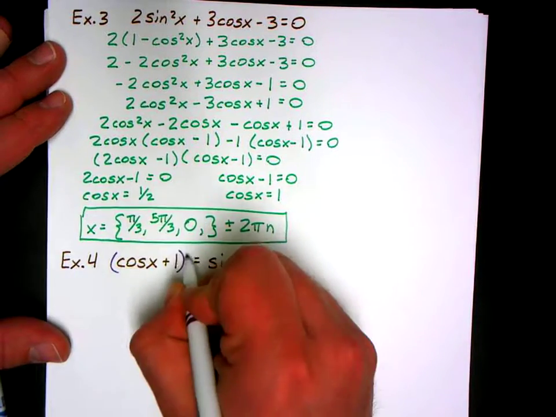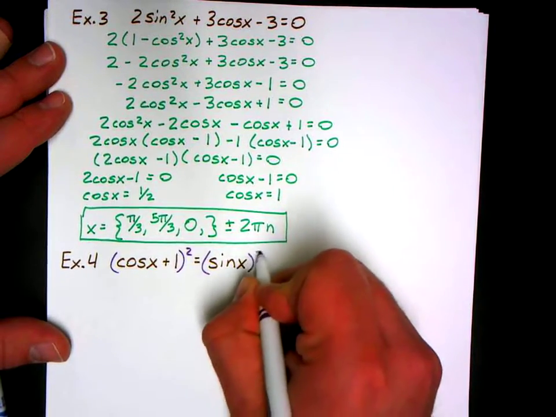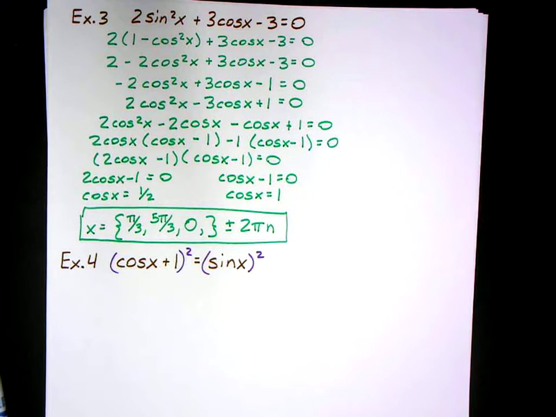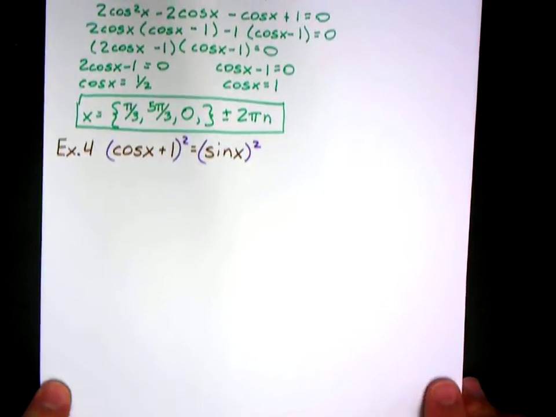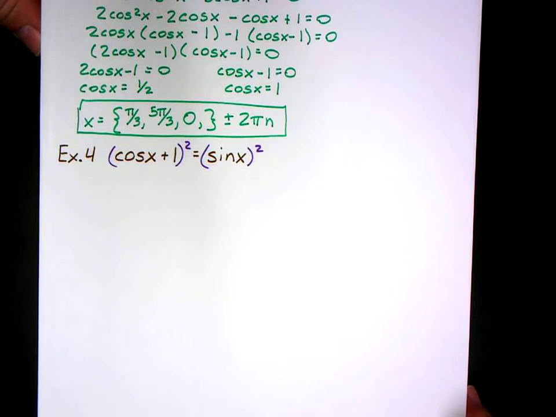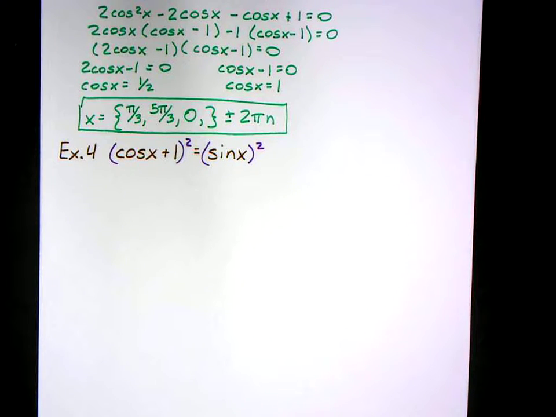So if I don't have them and I want them, I can create them. Now, this does create an issue. Whenever you square a problem, you have a tendency to create solutions that aren't real. So that means we have to check our solutions at the end.